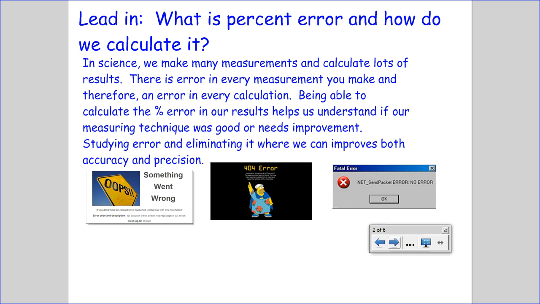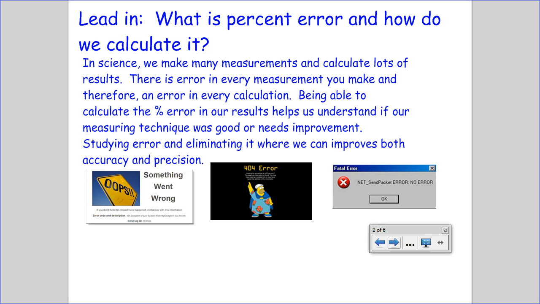In science, we make tons of measurements all the time. Mass, length, volume. Every measurement has a little bit of human error in it. Maybe I didn't read it right. Or, in fact, when I set it up on my scale, maybe it fell between two lines on the measure, so there's some error in it. Every measurement contains error. When you calculate your results, you always want to compare them back to what's accepted.